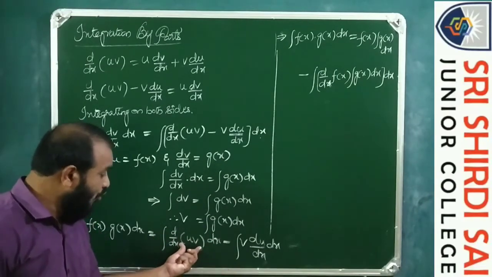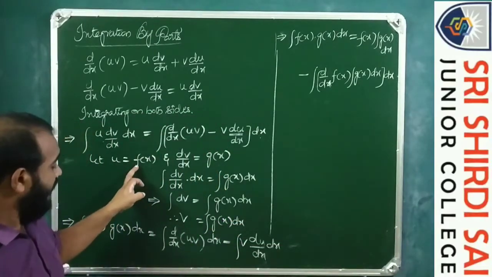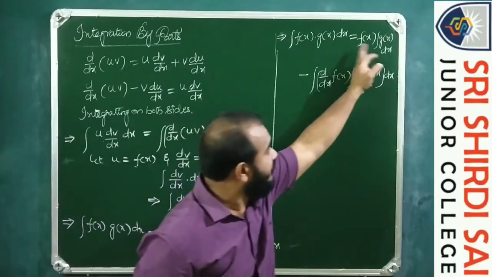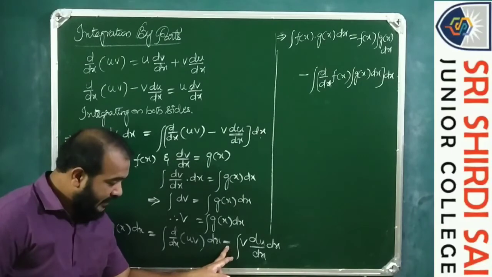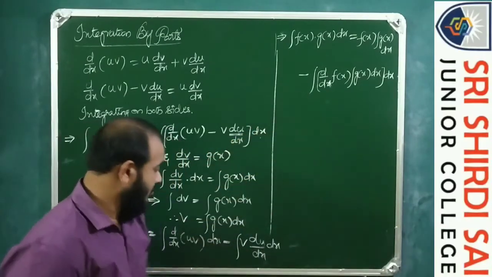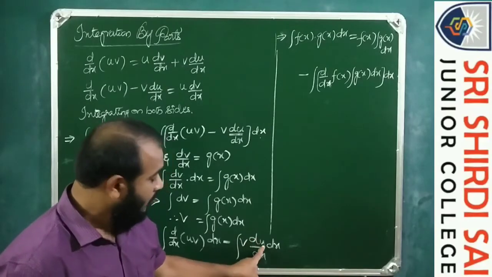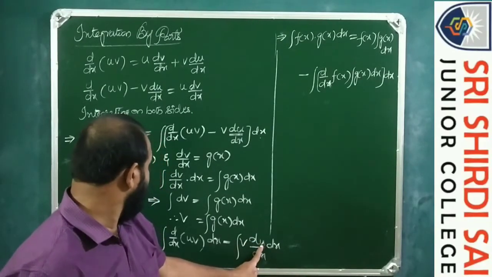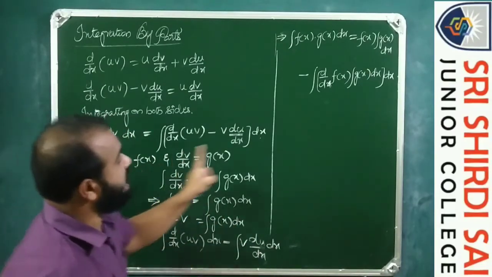Therefore we are left with uv, where u is f of x and v is the integral of g of x dx. So f of x into the integral of g of x dx is this totally, minus the integral of, so here du by dx is d by dx of u. So d by dx of f of x.